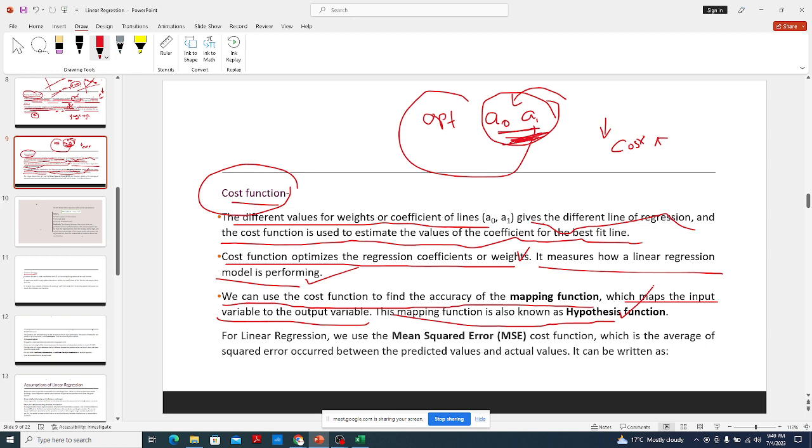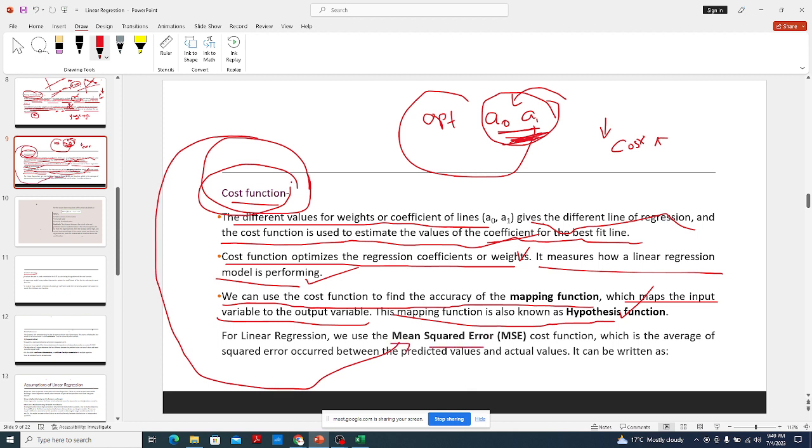If your hypothesis is wrong, then you'll have to go with the already available or calculated coefficients. And the cost function, in statistics, we normally call it mean square error.